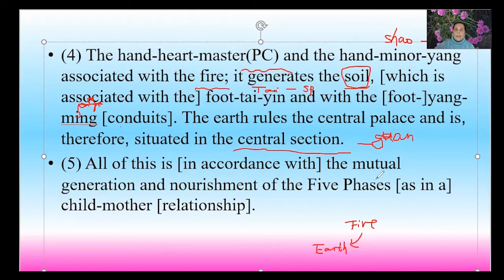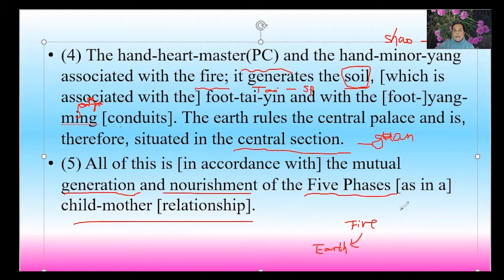So that's the explanation of why different channels, meridians or organs have pulses in different positions. It basically follows the 5 elements, the generation cycle, like the mother and son relationship cycle.